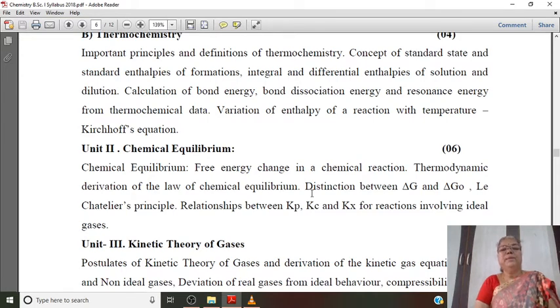Kp is the equilibrium constant for gaseous reactions, Kc is the equilibrium constant for solutions, where reactants are in a liquid state, and Kx is the equilibrium constant when we consider the mole fractions of the reactants, for reactions involving ideal gases.